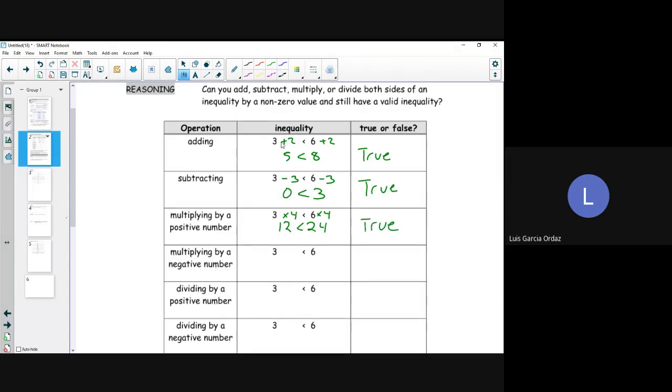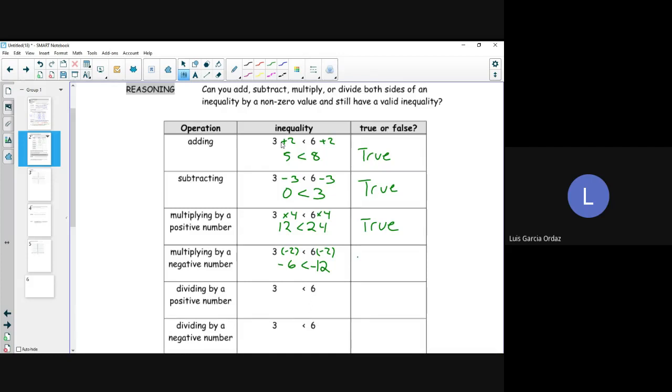Now, how about if we multiply by a negative number? Someone give me a negative number to multiply by. So we're going to multiply by negative 2. So we get negative 6 is less than negative 12. Is that true? Is negative 6 less than negative 12?